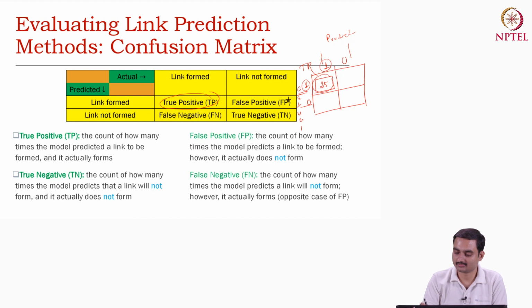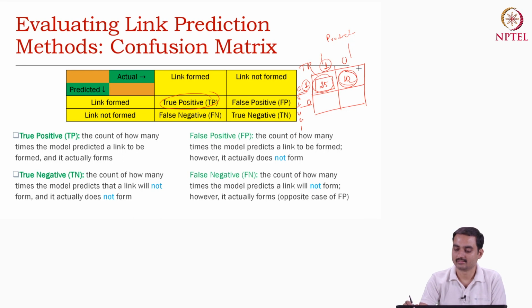Now let's look at this quartile, okay. Say there are 10 such instances. It means there are 10 instances which are predicted as 0, but their actual labels are 1.